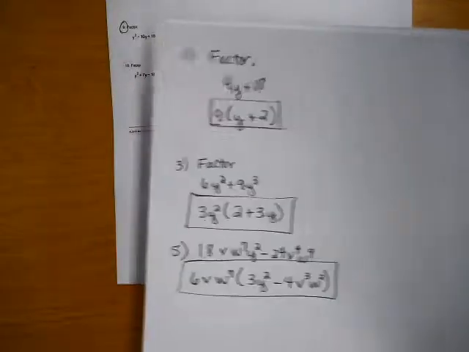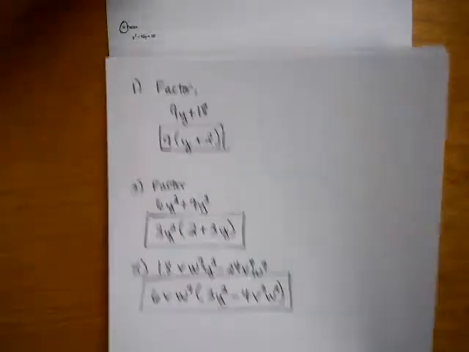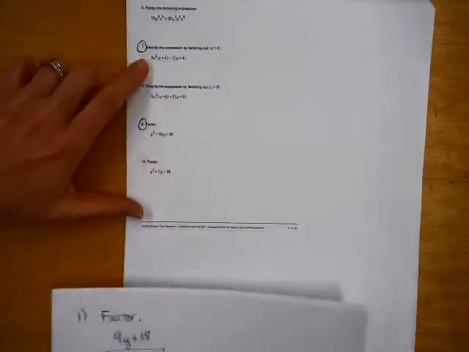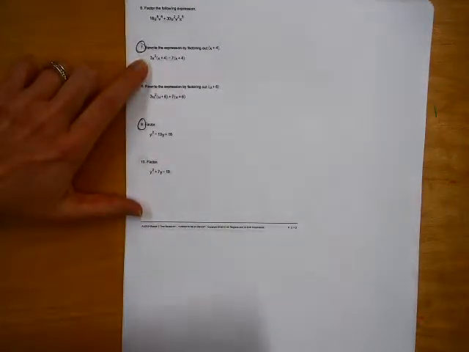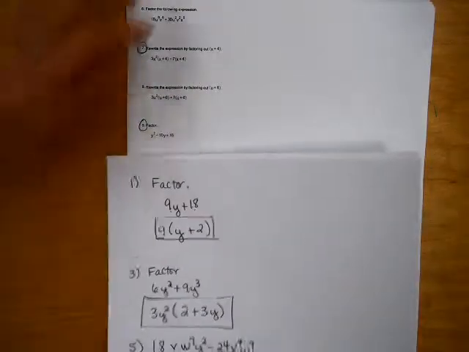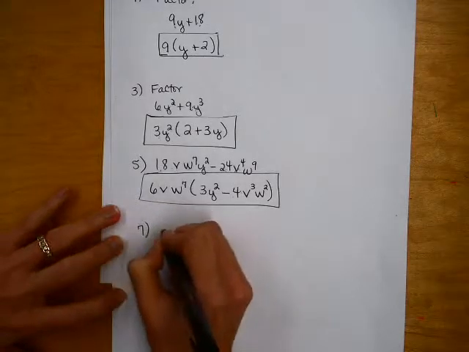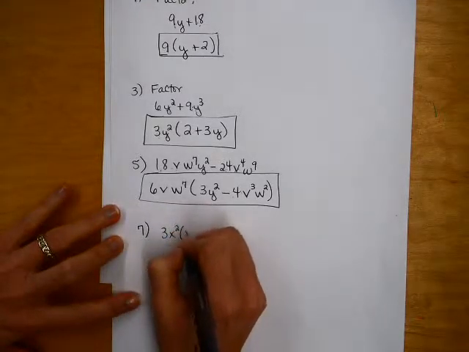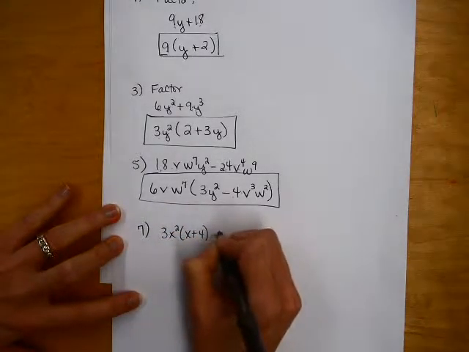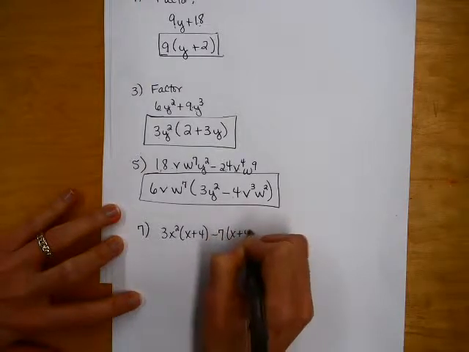Okay, so on the next page, we're still factoring. Number 7 says rewrite the expression by factoring out x plus 4. So they even tell you on number 7 what to factor out. We have 3x squared times x plus 4 minus 7 times x plus 4.